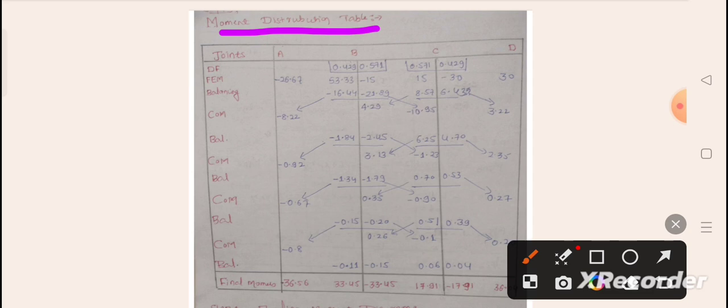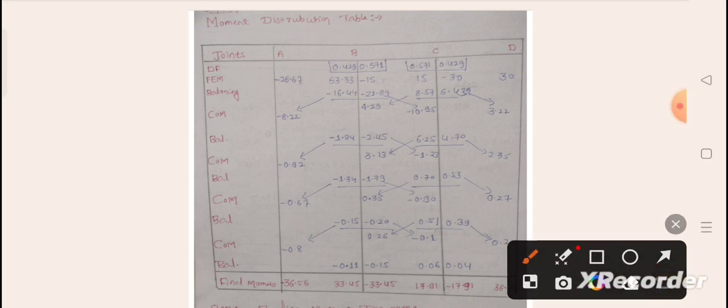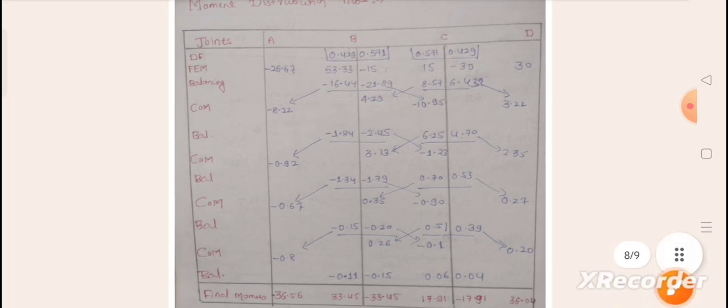First you are supposed to write joints A, B, C, D. Next, write the distribution factor. For BA it is 0.429, for BC is 0.571, for CB is 0.571, and for CD is 0.429.